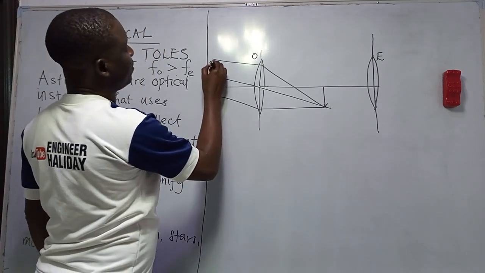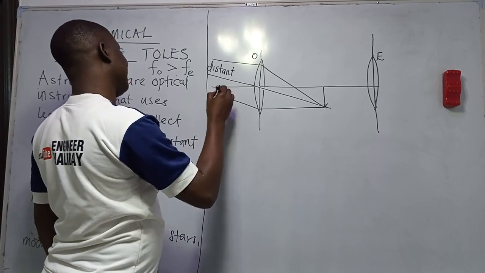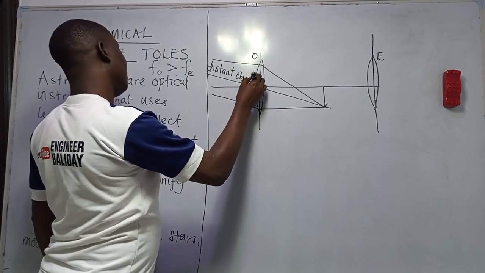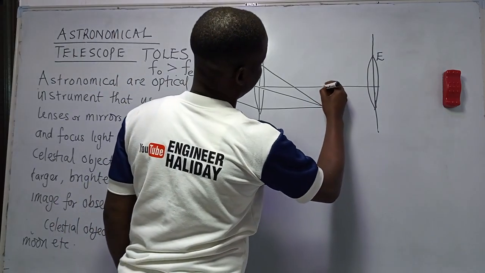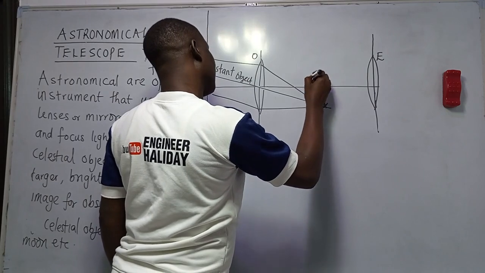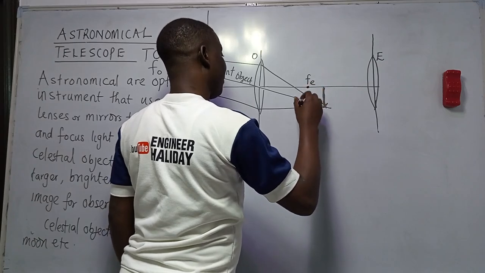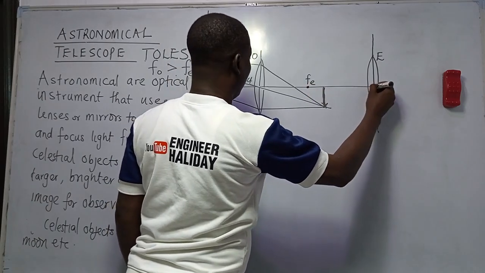Now the image is coming from what? The object is coming from a distant object, to cast the image here. Where is the image from here? Between the eyepiece lens, the eyepiece focal length and the pole.